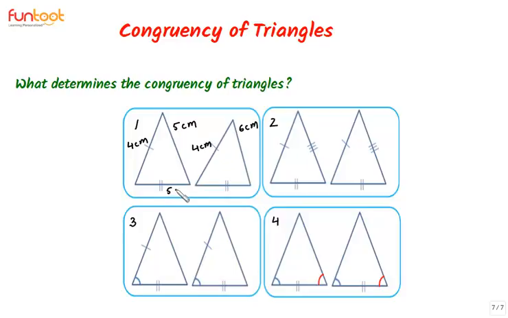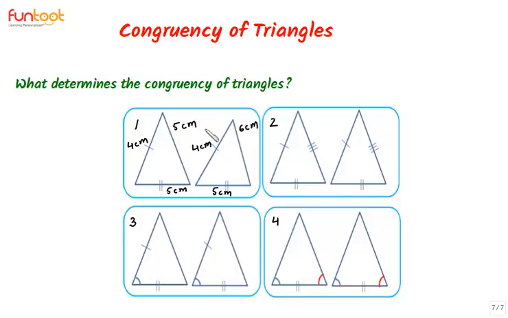And if this is 5 centimeters, this will also be 5 centimeters. If we construct the 2 triangles with third side as 5 centimeter in one and third side as 6 centimeter in the second, the 2 triangles will not be congruent. Their size and shape will not be same.